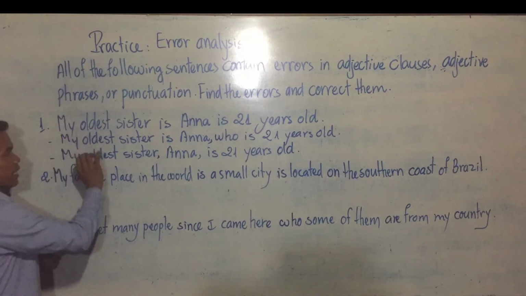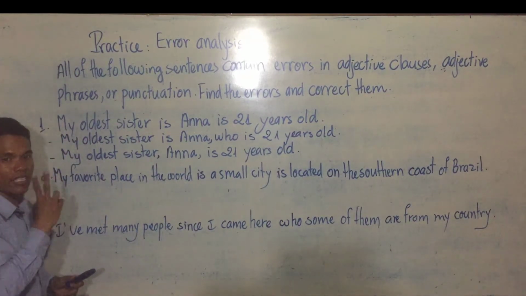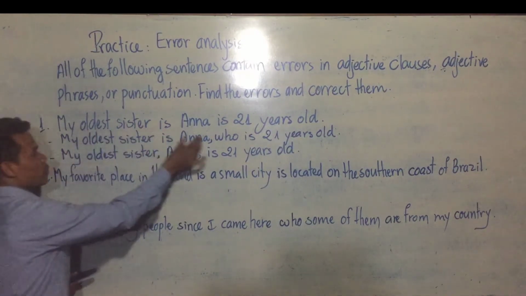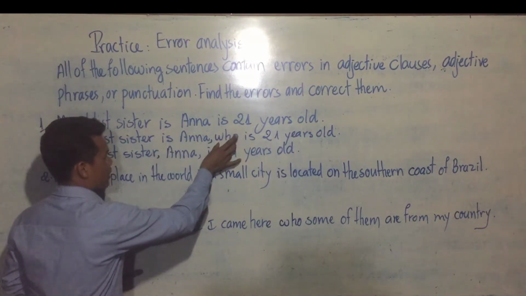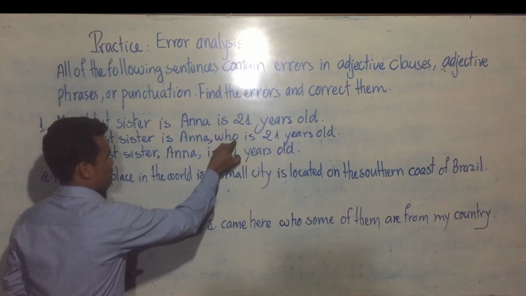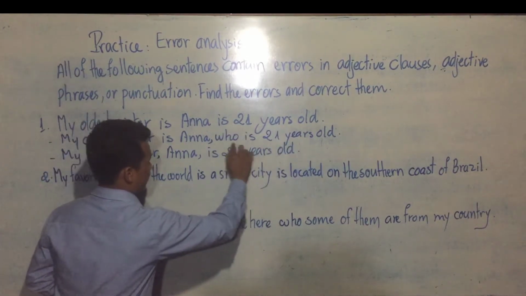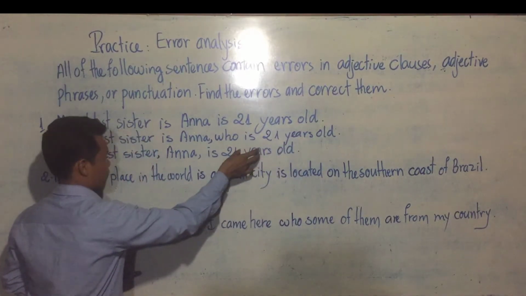So number one here, we have two ways in order to correct the errors. One, you add a relative pronoun functioning as a subject. So from who to the end here is an adjective clause.